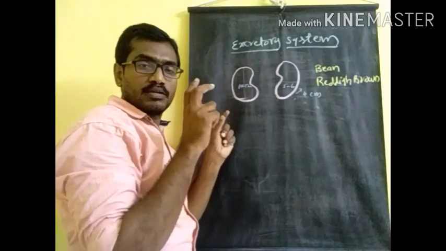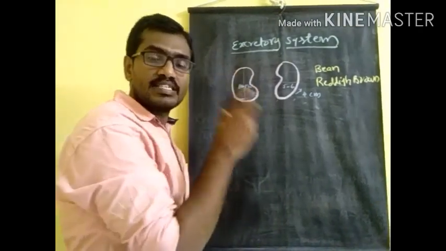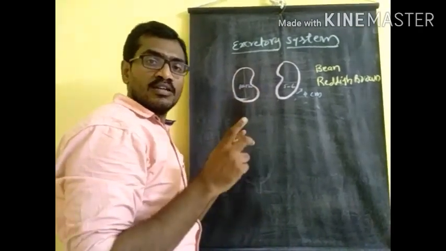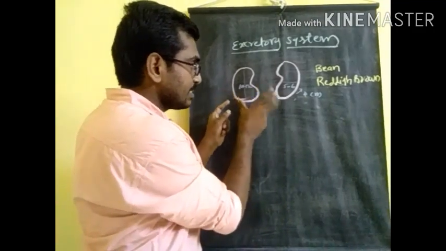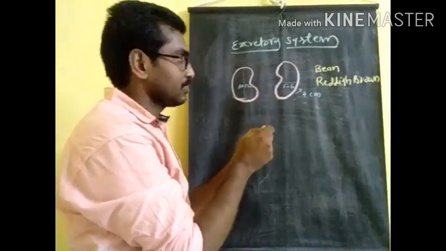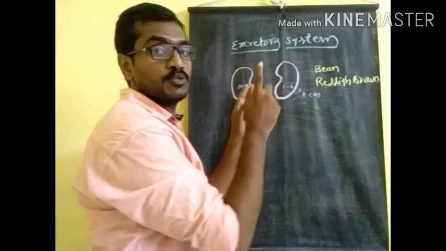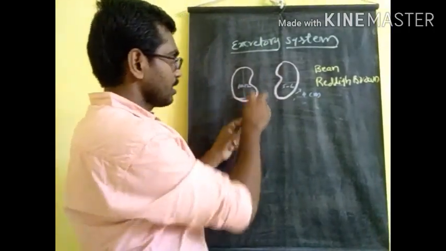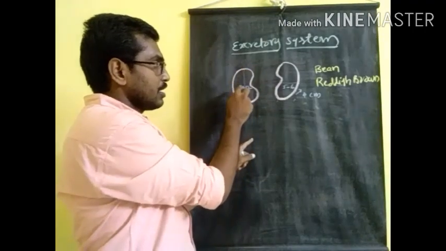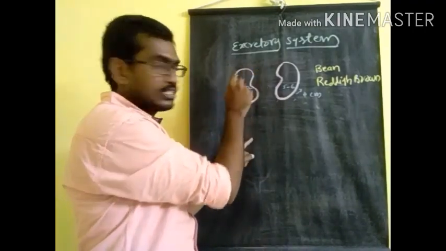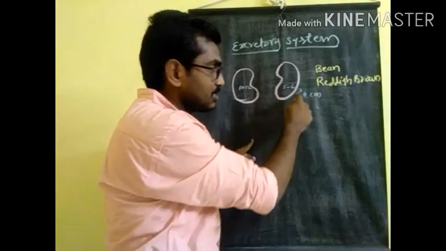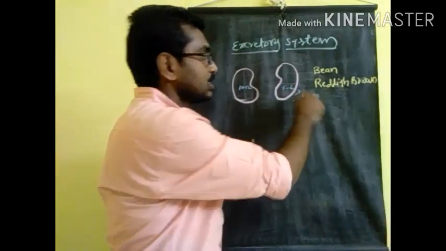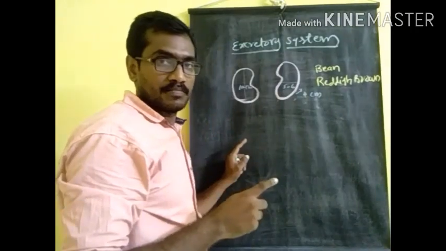So in the urinary system or excretory system of humans, there is a pair of kidneys, which are bean shaped and reddish brown in color.